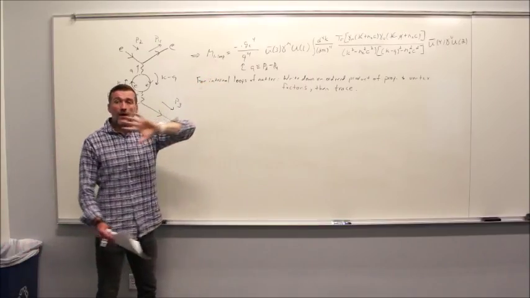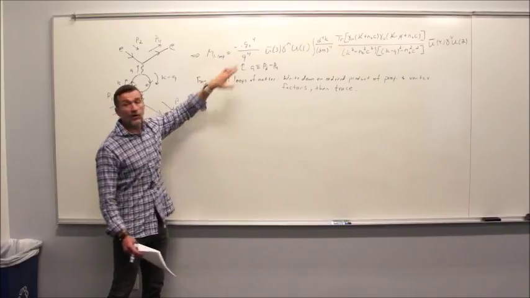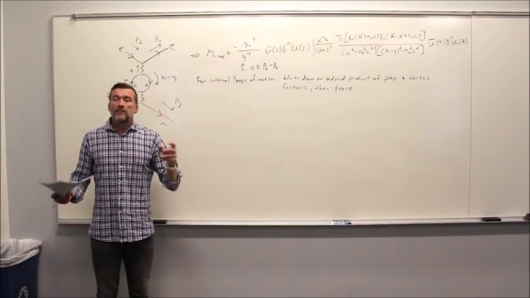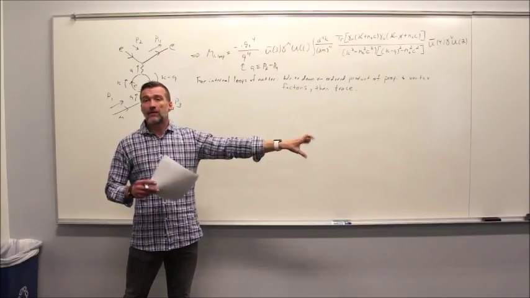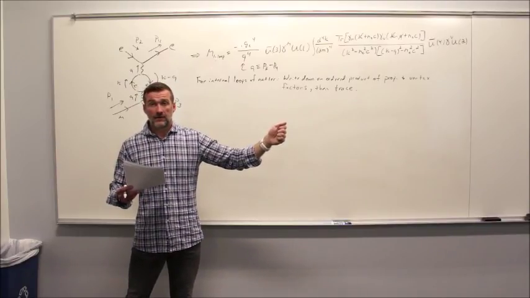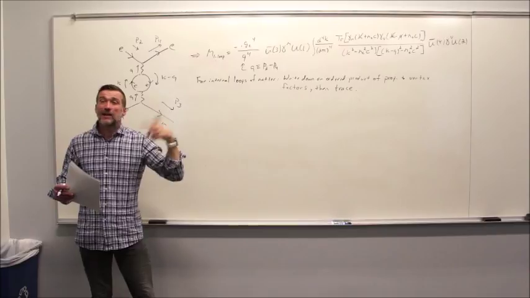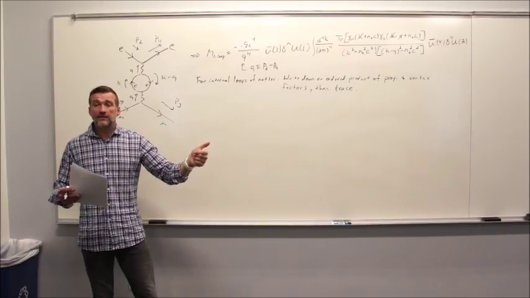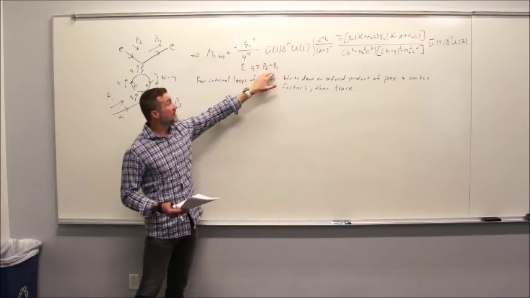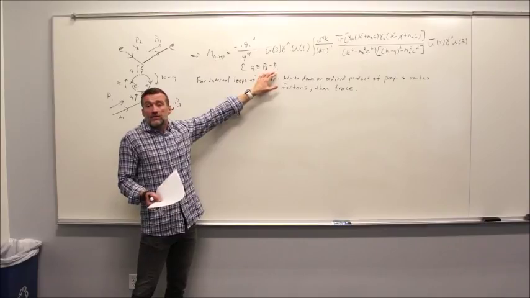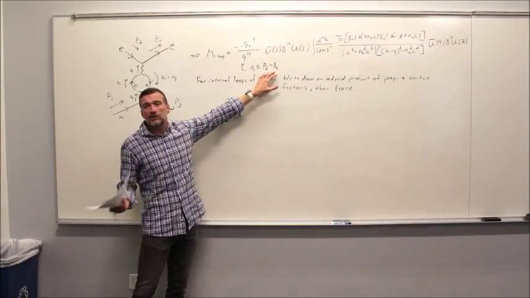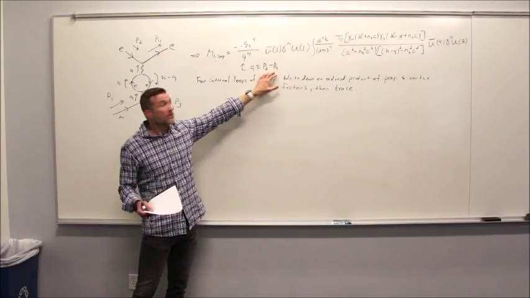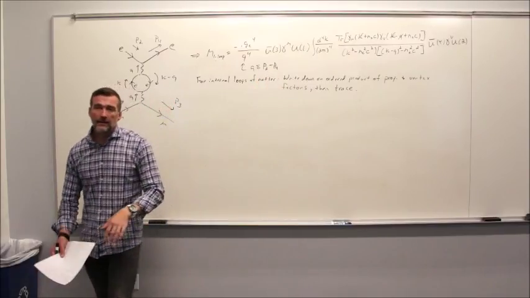But yes, in a sense this is an internal momentum, but it's an internal momentum which is completely specified by the external momentum. So I did integrate over it, and I used a delta function, and that delta function set it equal to P2 minus P4, but depending on the order you did things, it could have also set it equal to P1 minus P2, or P1 minus P3, okay?